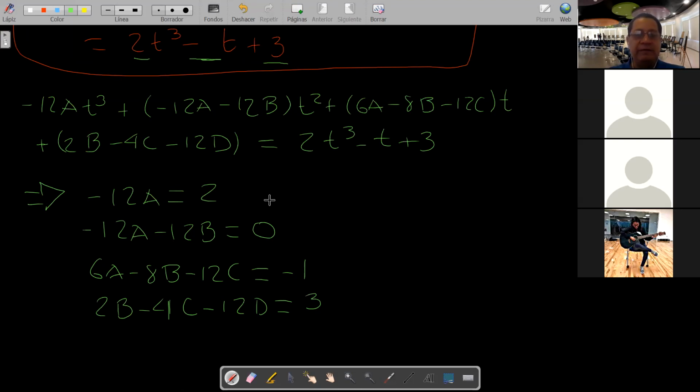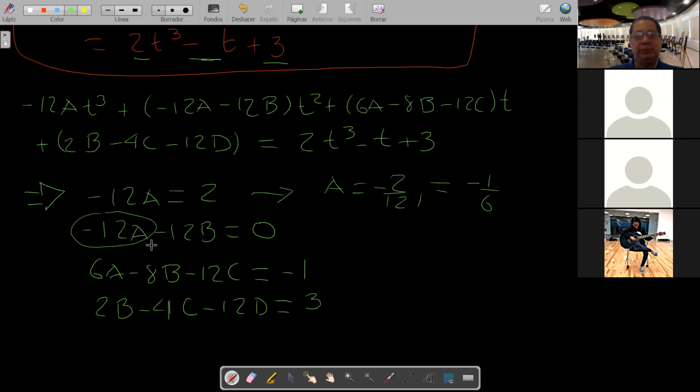And from the first equation, we can easily get the value for our coefficient a. So a is equal to -1/6. And replacing that value over here, we have +12/6, which is equal to 2.